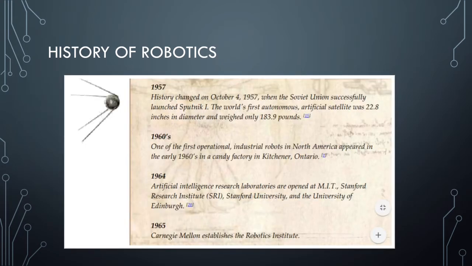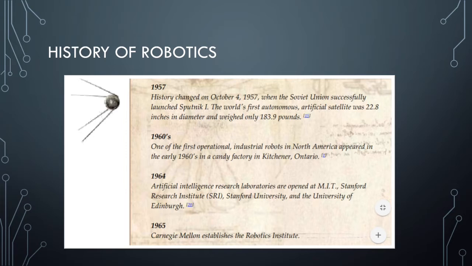Several more developments. In 1957, the Soviet Union launched Sputnik 1. That's when we started to get into satellites. We're starting to look at space travel, and of course, robots play a huge part in that. In the 1960s, robots were involved in a candy factory, so they're starting to be used for industrial automation. MIT and Stanford started an artificial intelligence research laboratory in 1964.